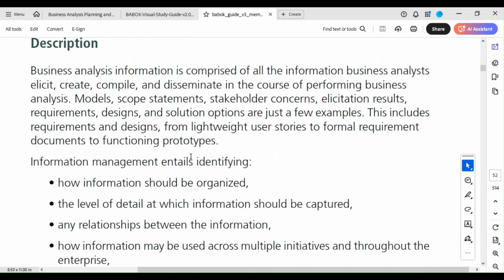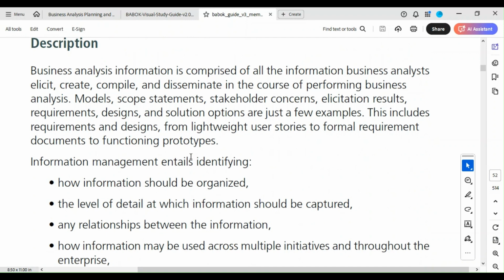So the details you have are comprised of all the information business analysts elicit, so all the information you've collected. You create, maybe from research online and all whatnot. You compile, the ones you collate, and disseminate, the ones you share in the course of performing business analysis work.